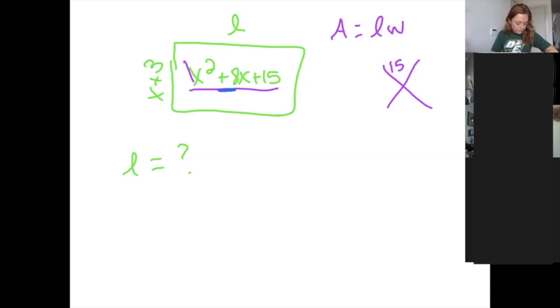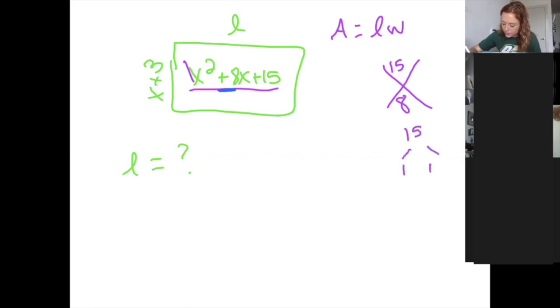Yep. So then 8. So now I need to find the factors of 15. And since this was a positive and a positive, it's positive 15. So the factors, or the things that multiply to give me 15, and add, because it's positive, add to get me 8. So let's break apart 15.